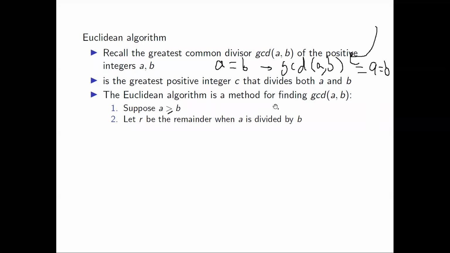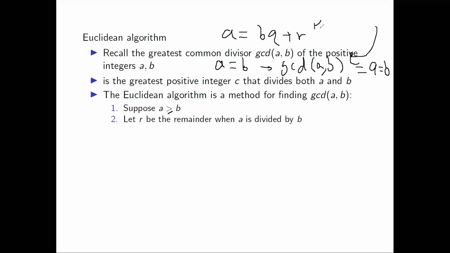Now, here is the substance of the Euclidean algorithm, the crucial step. We take the remainder when you divide a by b. If a is divisible by b, then the remainder is going to be zero. When we take the remainder, we can write a equals bq plus r.